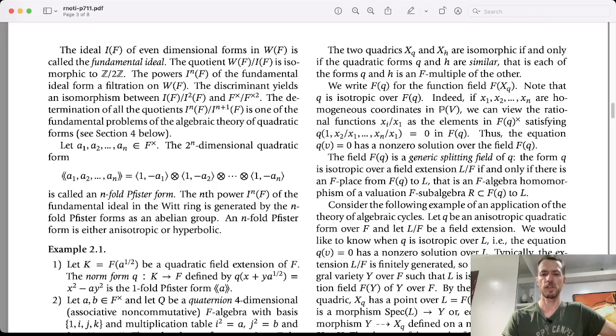Thus, the equation Q(v) = 0 has a non-zero solution over the field F(Q). The field F(Q) is a generic splitting field of Q.